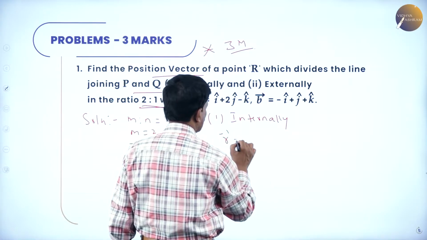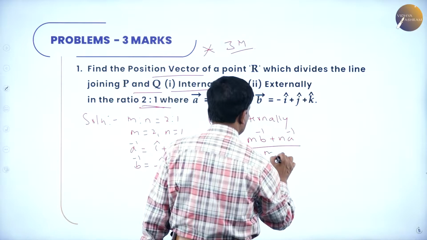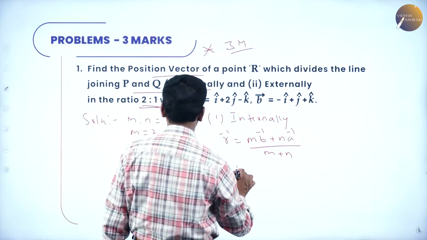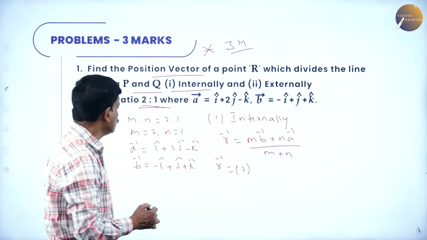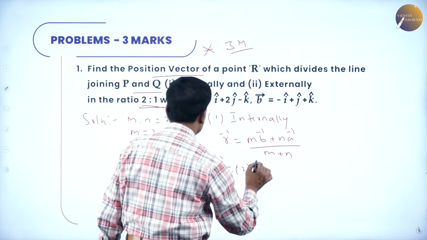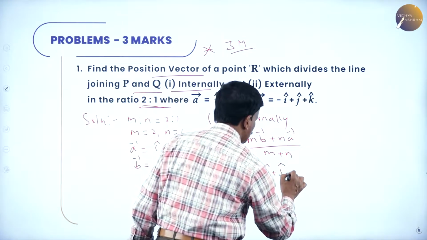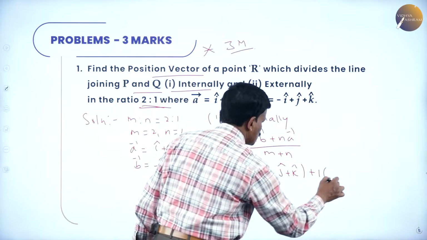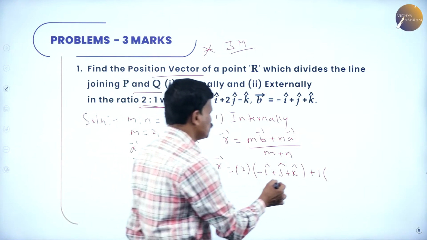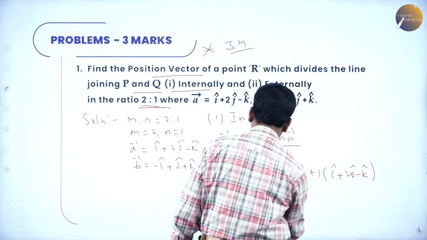First, internally, that is vector R is equal to m into vector B plus n into vector A divided by m plus n. So, vector R is equal to, what is m here? m is equal to 2. m is equal to 2 into vector B. What is vector B? Vector B is equal to minus i plus j plus k, plus n is 1 into, what is n? 1 into vector A. Vector A is equal to i plus 2j minus k divided by m plus n.